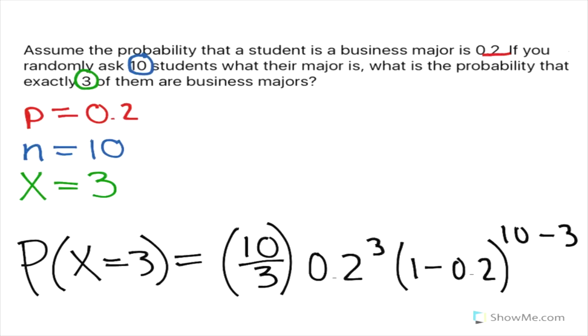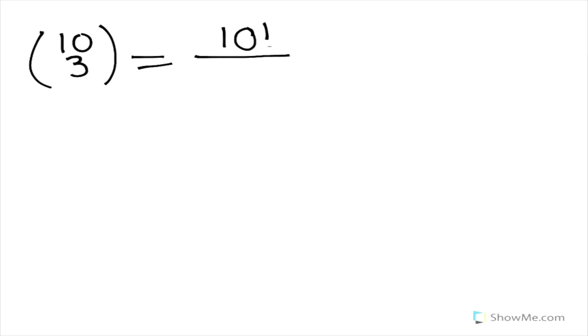And this is 10 choose 3, not 10 divided by 3. So then if we calculate that, first of all, we calculate 10 choose 3. You can either do that on your calculator or expand out into the factorials, and if you plug that into your calculator, you'll get 120.